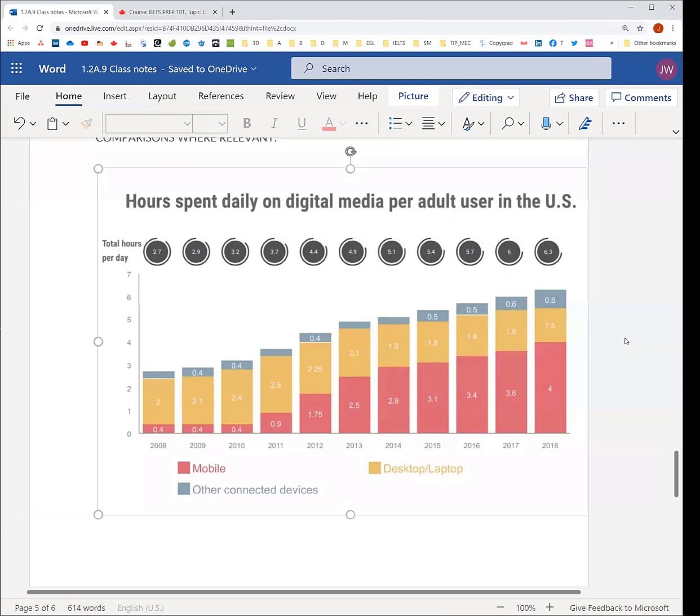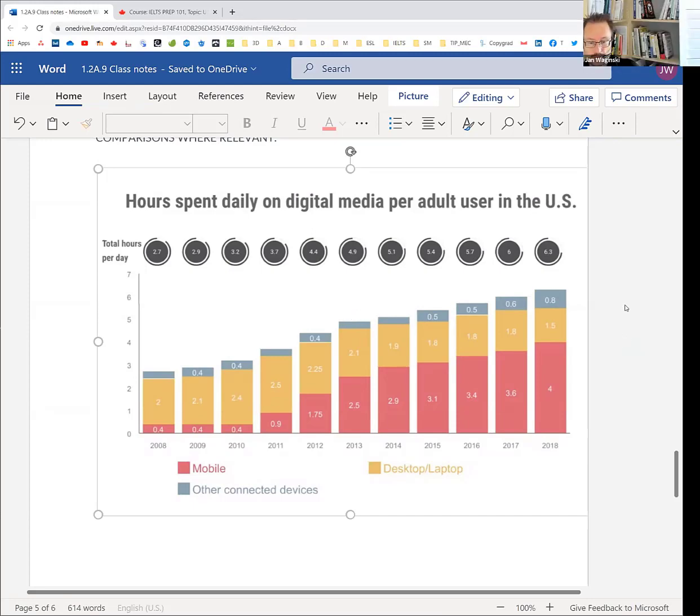Mobile. Mobile phone usage has gone up like crazy, and what about the other ones? All increased. No, the desktop decreased by years.